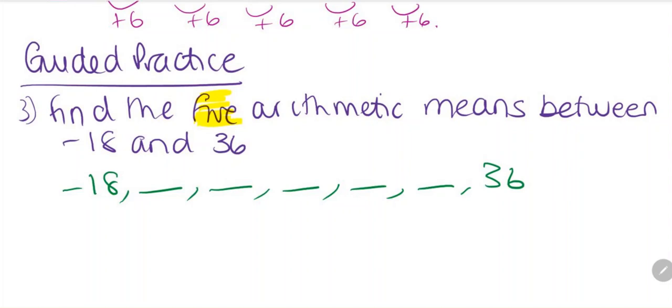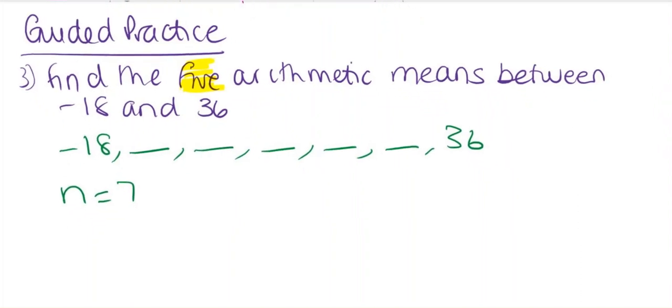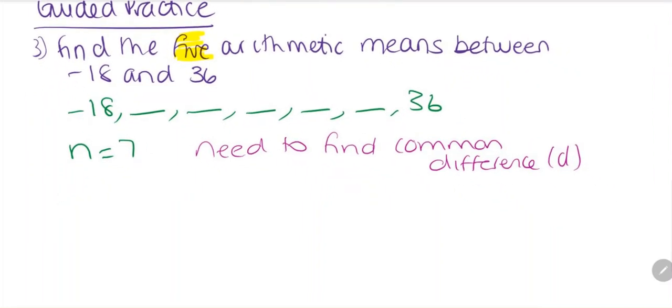So the first thing I need to do is write down that n is 7, because we have 7 terms, 1, 2, 3, 4, 5, 6, 7, and I need to find the common difference called d.